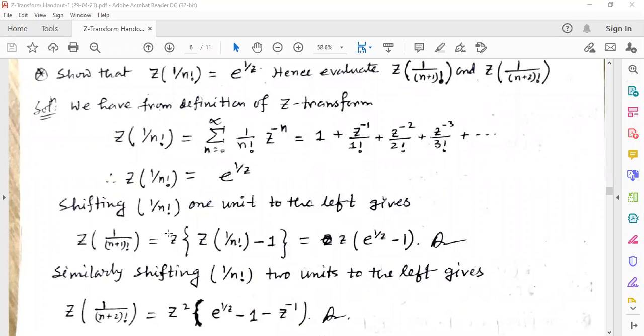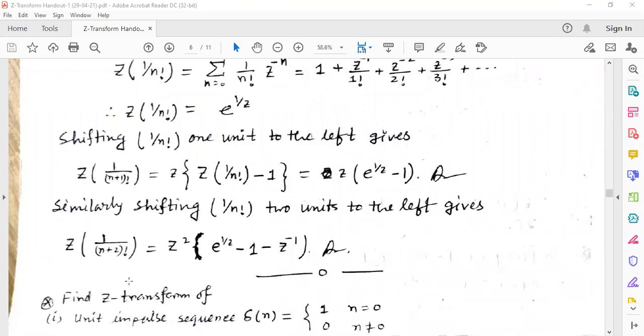We already know that this is z into U of z minus 1, so z into U of z, where U of z is the z transformation of 1 by factorial n, which we already found to be e to the power 1 by z. So we are putting that value, and we get z into e to the power 1 by z minus 1. Now similarly, if we shift by 2 units, then we get this part.